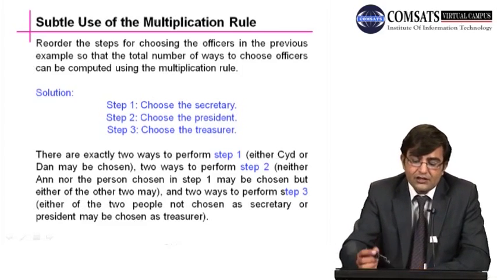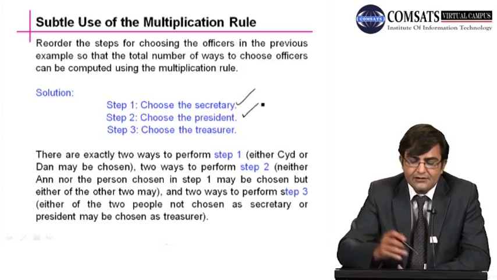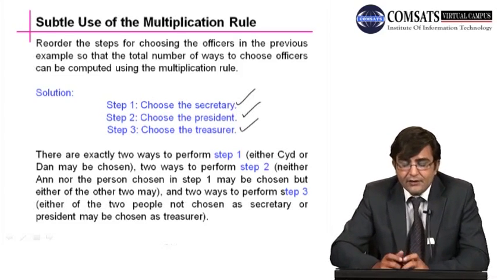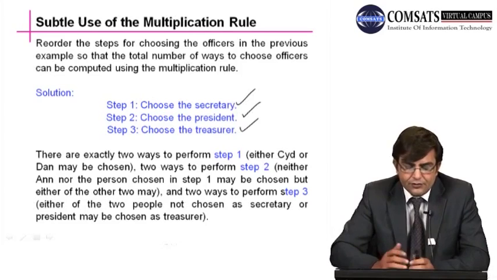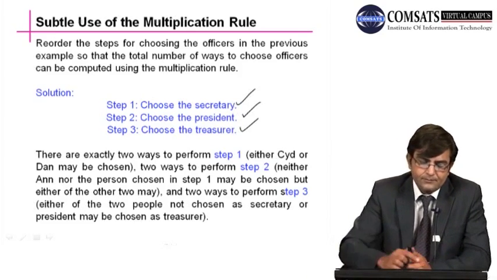For example, if we choose the secretary in the first step, the president in the second step, and the traitor in the third step, then the possibilities of choosing these 3 officers will change, because in the first step either Sid or Dan must be chosen, so we have only 2 possibilities here.